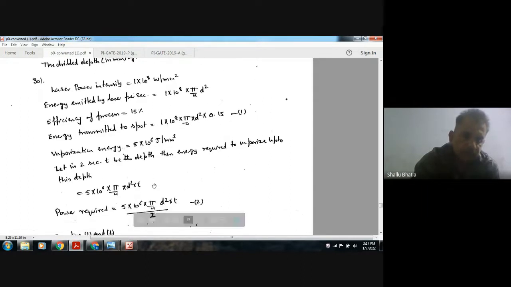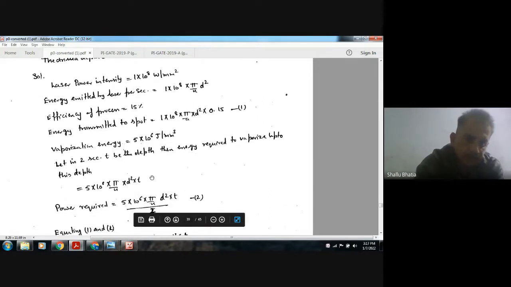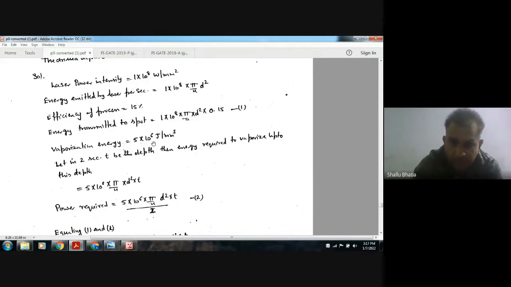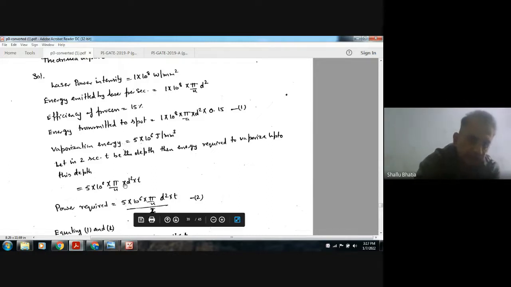The evaporation energy is given per unit volume. So let T be the depth up to which the evaporation of the material takes place. Then this is the volume of the material, and this is the evaporation energy.